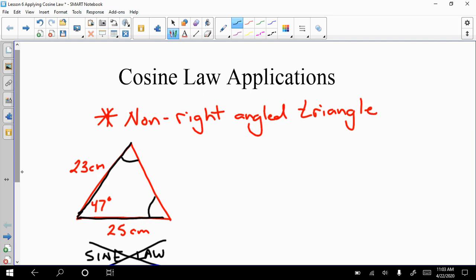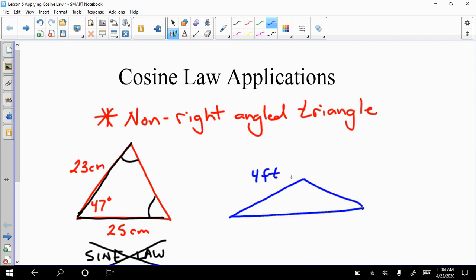Okay, the other situation, I'll draw another triangle here. Maybe I'll try to draw it slightly differently. This one like this. And let's say in this case, you were given that this side was 4 feet, this side was 3.5 feet, and this side was, we'll say, 8 feet. So in this case, you're given three sides of a non-right angled triangle.